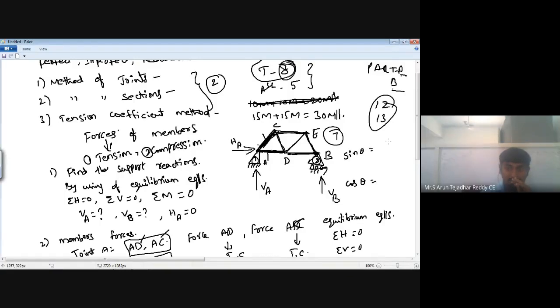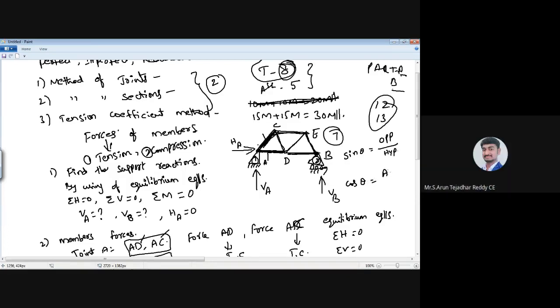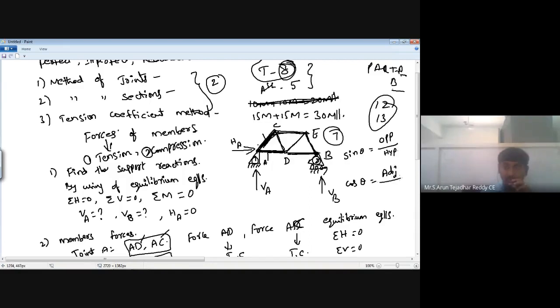Already you know that from the mathematical point of view, sine theta is opposite by hypotenuse, and cos theta is adjacent by hypotenuse. All of you note down these two important points.